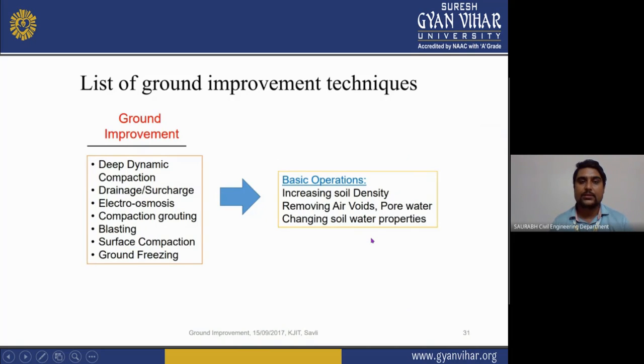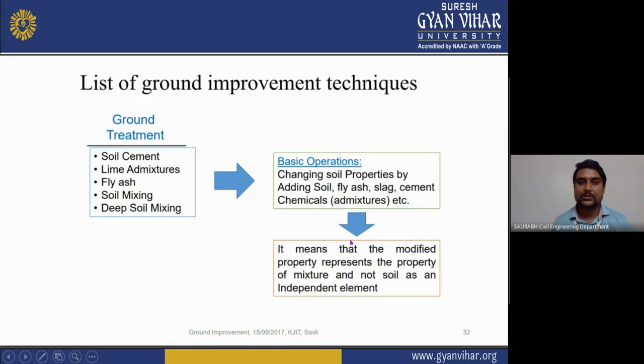Now we will see the list of ground improvement techniques. Ground improvement can be done by deep dynamic compaction, drainage surcharge, electro-osmosis, compaction grouting, blasting, surface compaction, and ground freezing. As you can see, these can increase the soil density by the removal of air voids or water, changing the soil water properties.